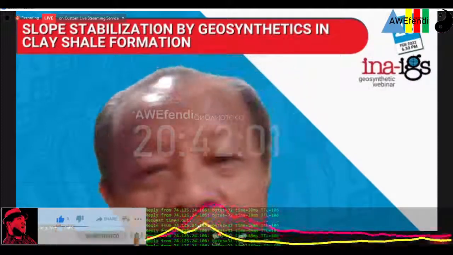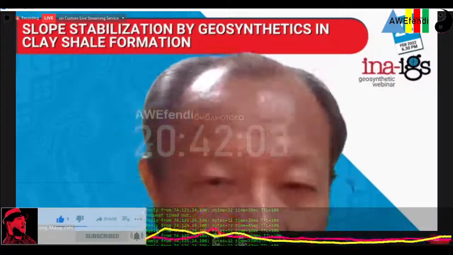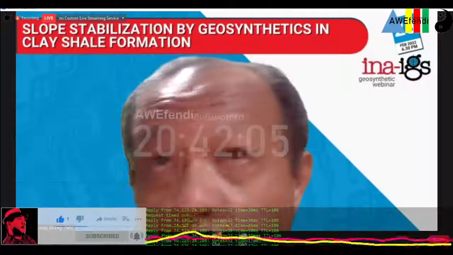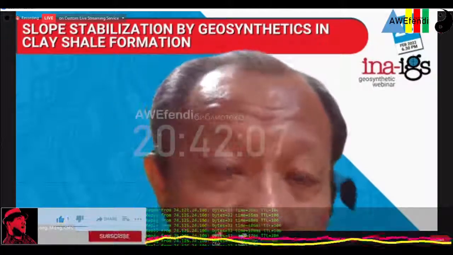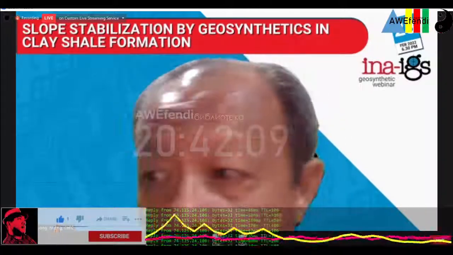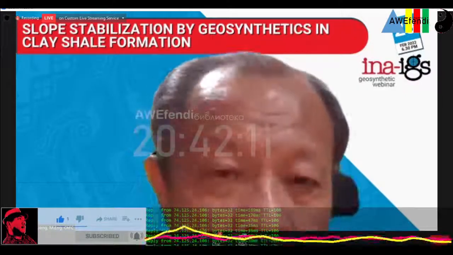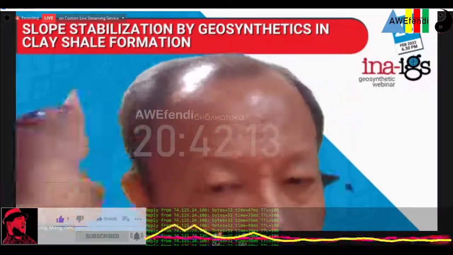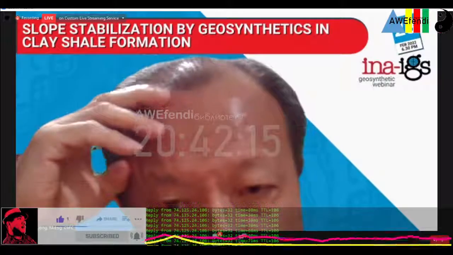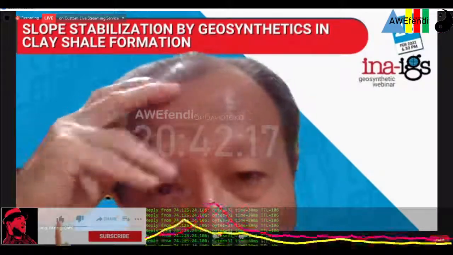Early in 1993 it collapsed after they excavated and exposed it. They had already built housing there. About 4 months after they built, the slope collapsed.